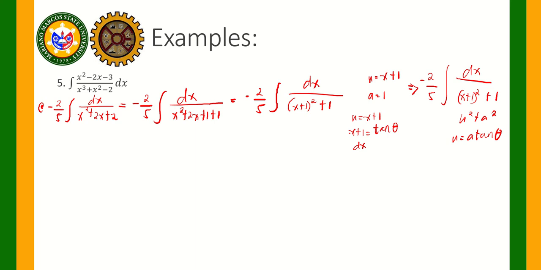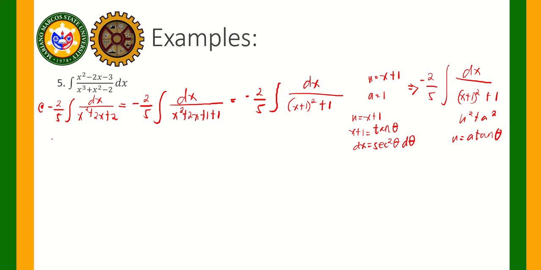If we get the derivative of this, the derivative of a constant is 0, so we can omit it. So for dx, what is the derivative of tangent theta? That is equal to secant squared theta d theta. From there, we can substitute these here.